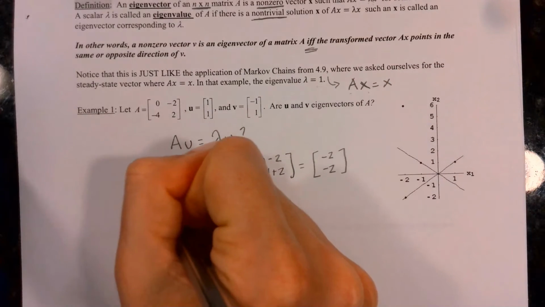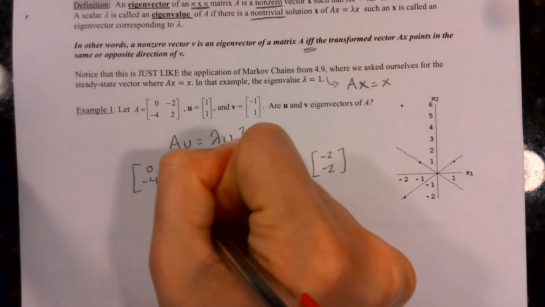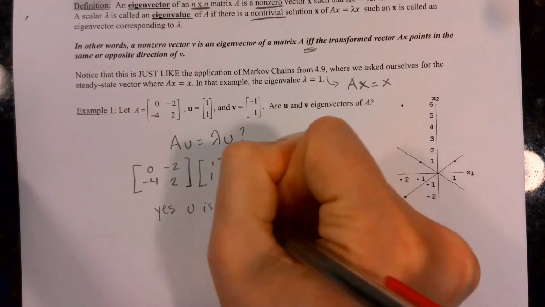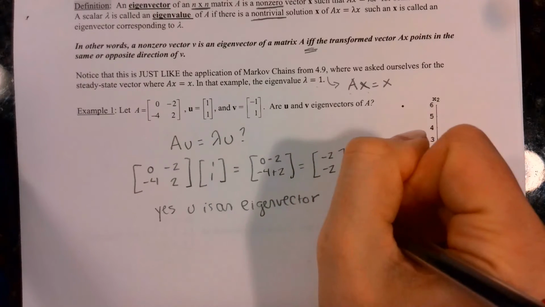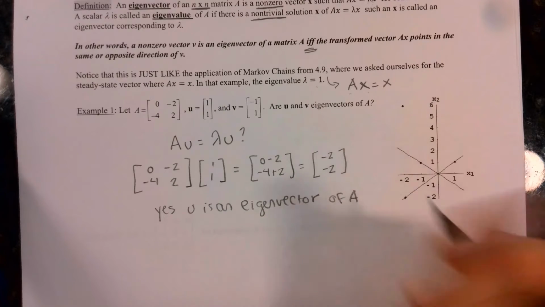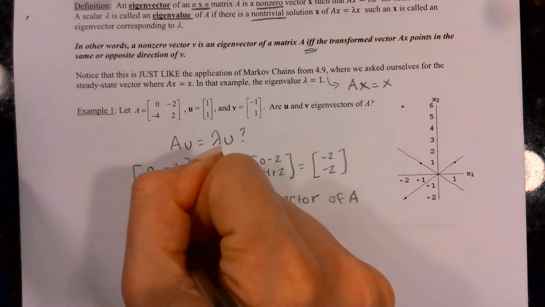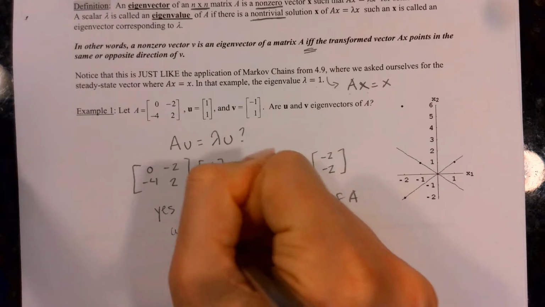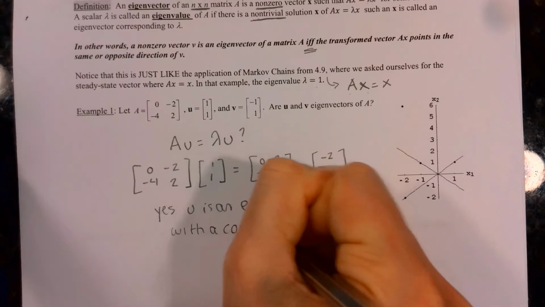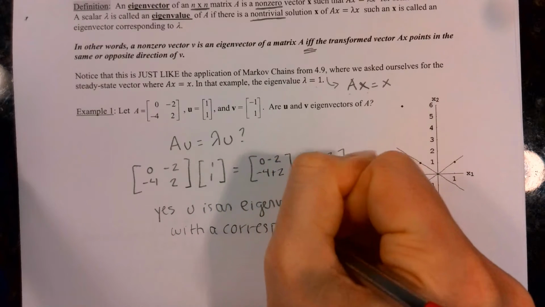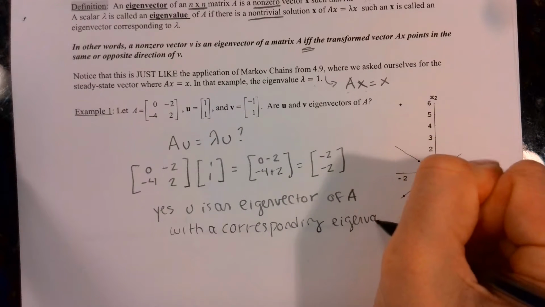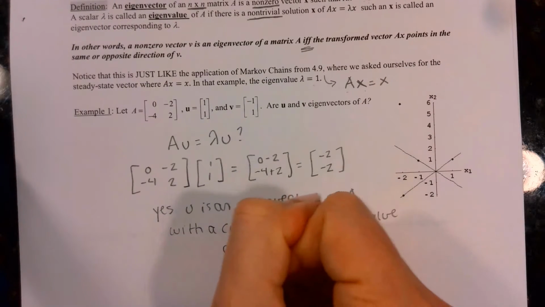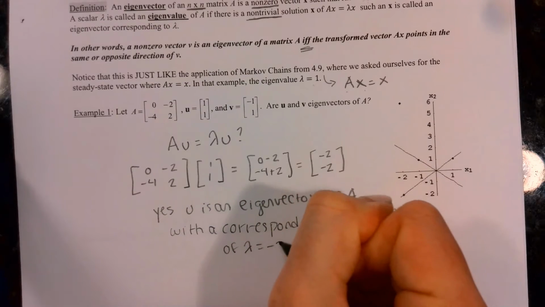So my conclusion is yes, U is an eigenvector of A, specifically of this matrix, with a corresponding eigenvalue of lambda equals negative 2.